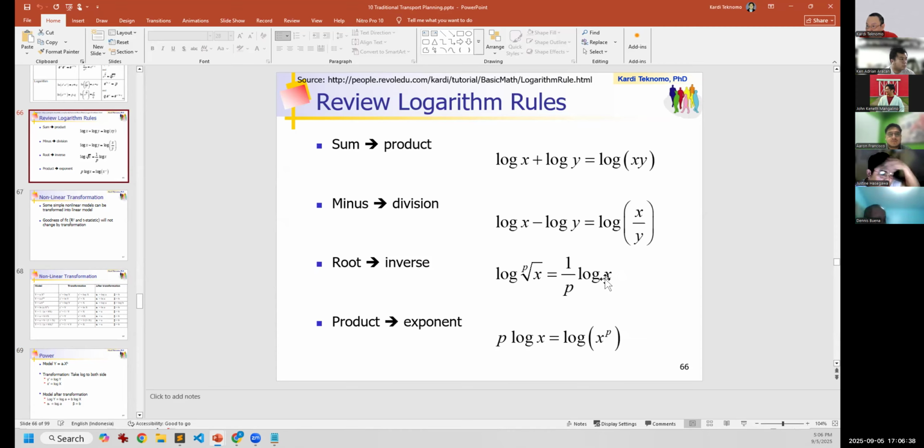The same thing if you have an exponent: the exponent can go out. Can you see this? So the exponent can go out like this.